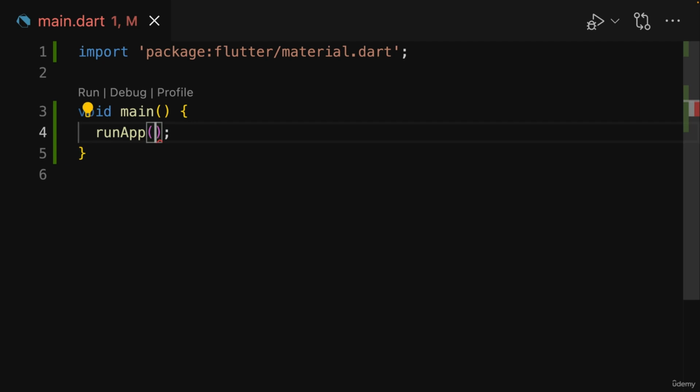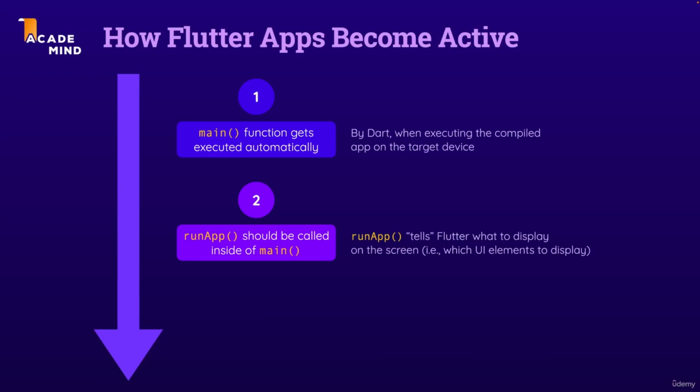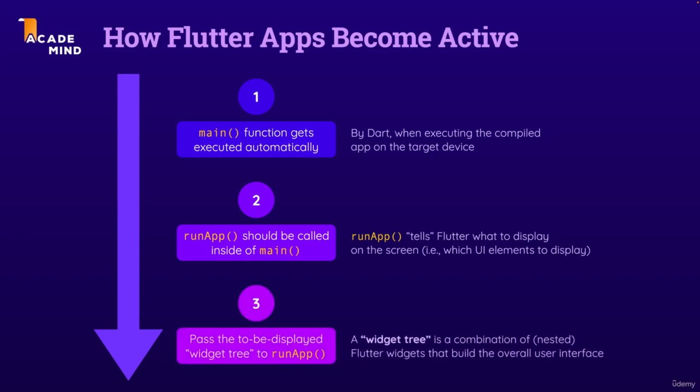So run app needs one argument, one input value to display something on the screen. And this should make a lot of sense because, like this, at the moment, how would run app know what to display on the screen? Well, the input value it needs is the content that should be shown on the screen. So the user interface it should show on the screen. And for that, run app needs a so-called widget or widget tree as a value.